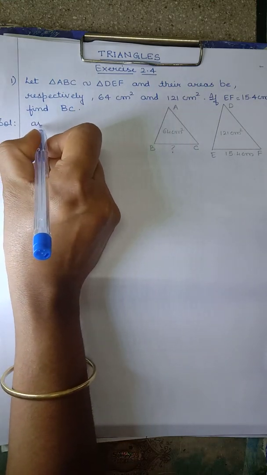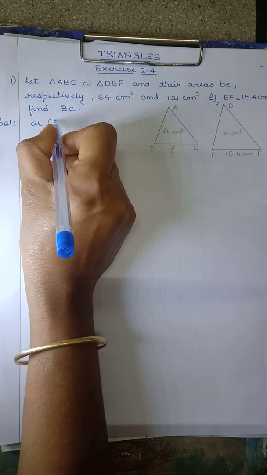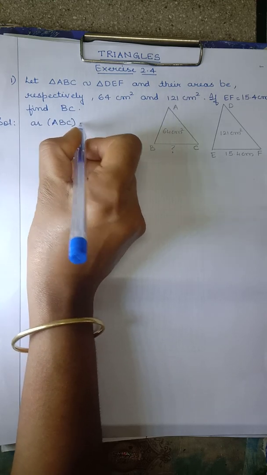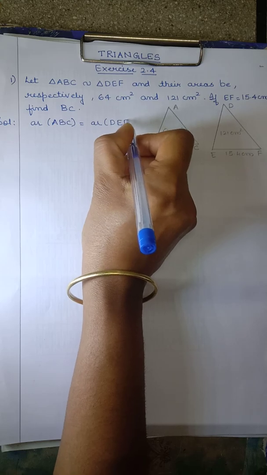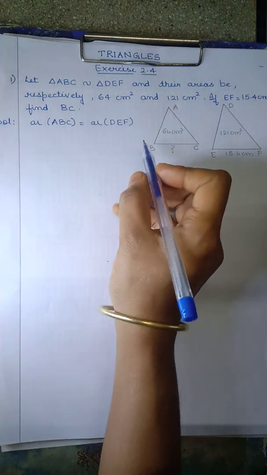So firstly, given is: triangle ABC is similar to triangle DEF. This is given, children.